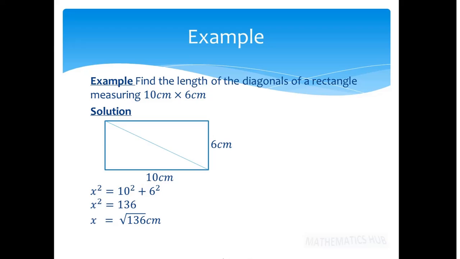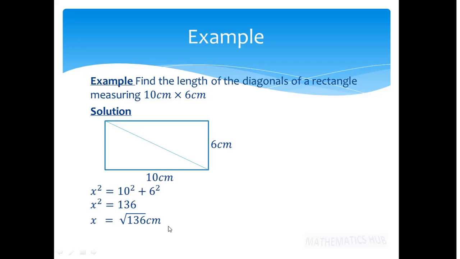So we have the rectangle, which is measuring 10 by 6, and if we draw a diagonal on the rectangle, we will have two right-angled triangles. So we want to find the length of the hypotenuse of the triangle that we have created. The triangle has sides 6 and 10, and we want to find the hypotenuse.